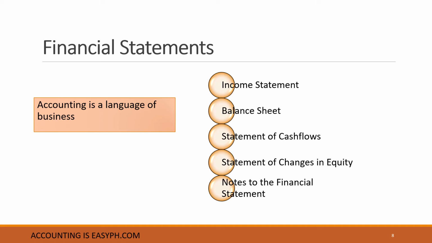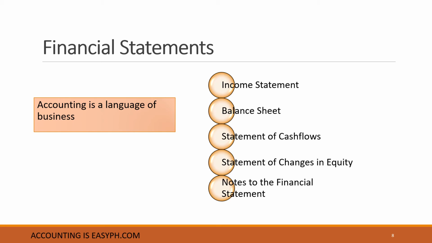The income statement reports on the financial performance of the business. Here you can identify whether there is a profit or a loss in that particular period. For the balance sheet, you can identify how much are the assets, the liabilities of the company, and the owner's equity.